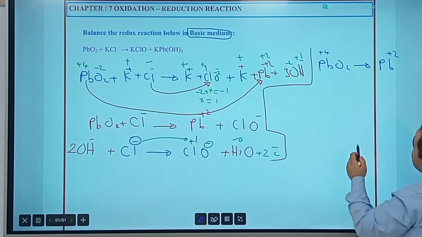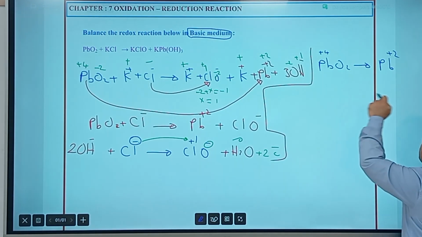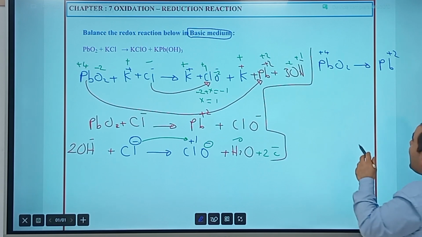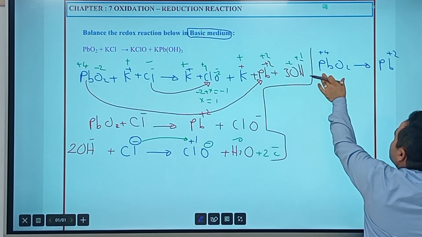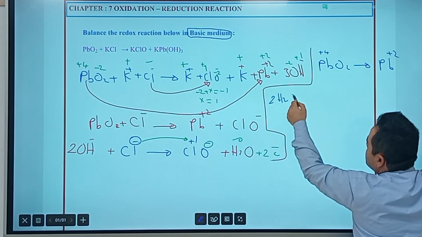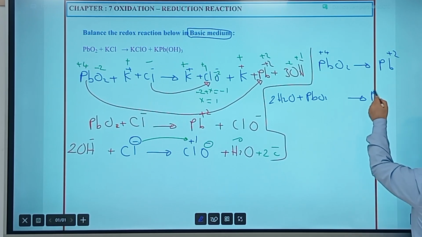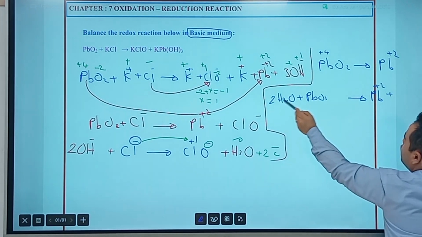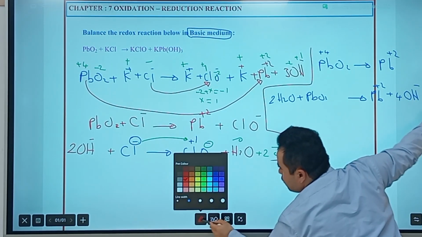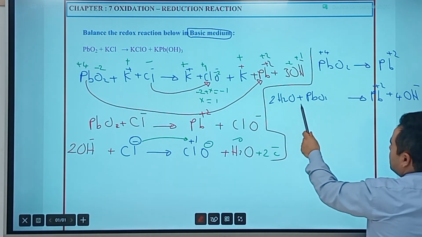But first of all, let us balance the atoms. How many oxygens do we have here? 2. There, 0. The difference between oxygen in the reactant and product is 2. So add 2 H2O to the higher oxygen side, and twice that, 4 hydroxide, to the other side: 2 H2O plus PbO2 goes to form Pb positive 2 plus 4 hydroxide in the product side, because it's basic medium.